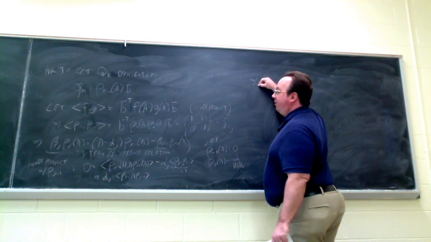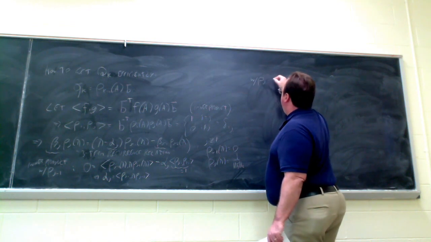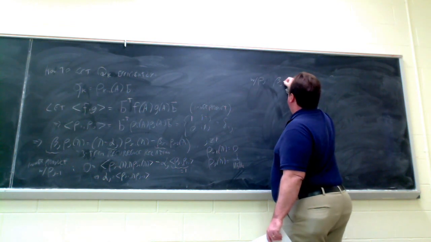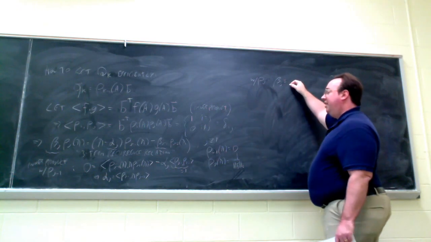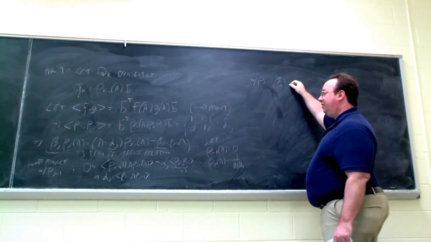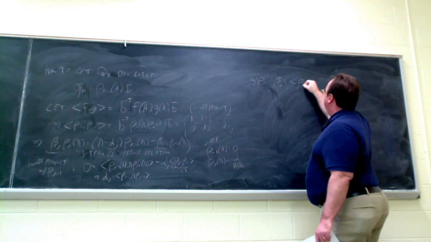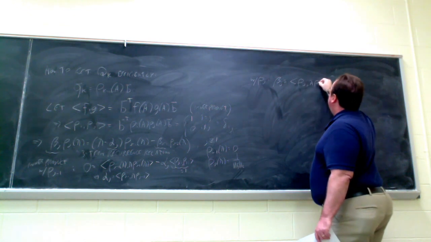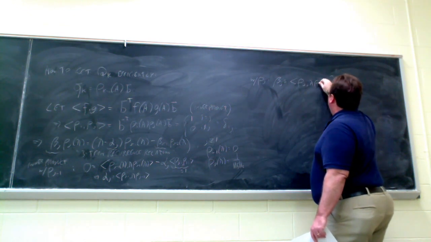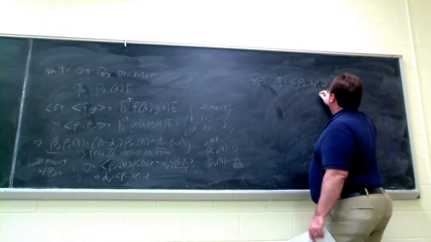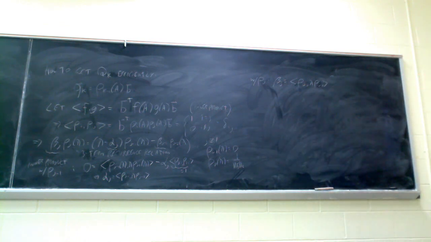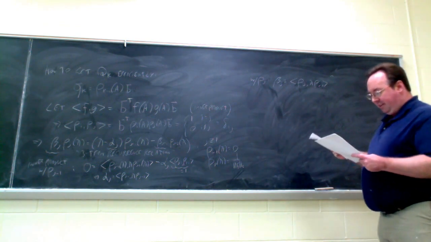So inner product with, for instance, Pj, and I get beta j on the left side. On the right side, most things will be 0. The only thing that's going to be left is inner product of Pj with lambda Pj minus 1. Okay. Let's see. So at least we have ways of getting these recursion coefficients.